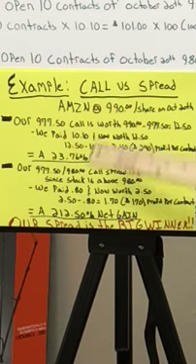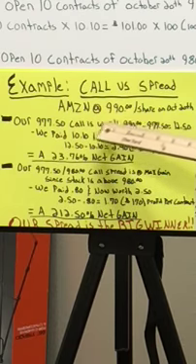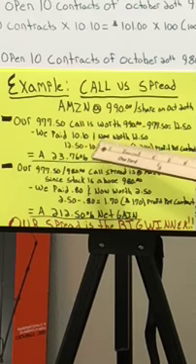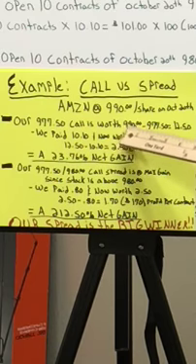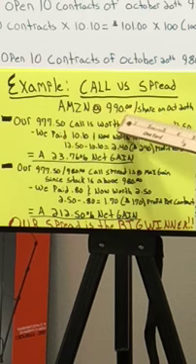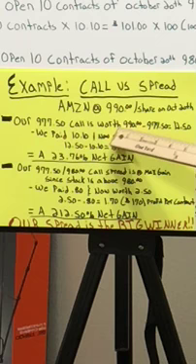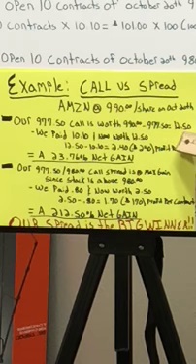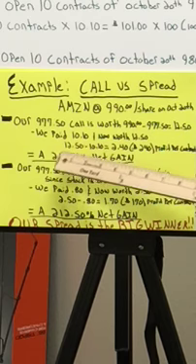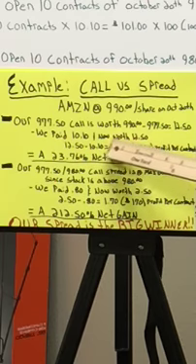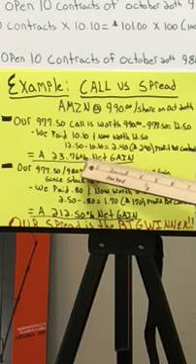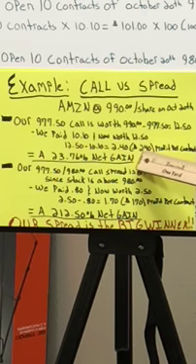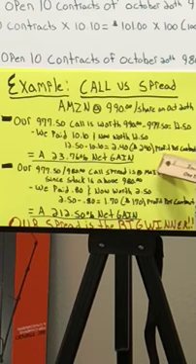Our $977.50 strike calls are worth $990, where the stock's trading at, minus our strike price. So $990 minus $977.50, that means this call is worth $12.50. We paid $10.10. It's now worth $12.50. So $12.50 minus $10.10, that's a $2.40 or a $240 net gain per contract.